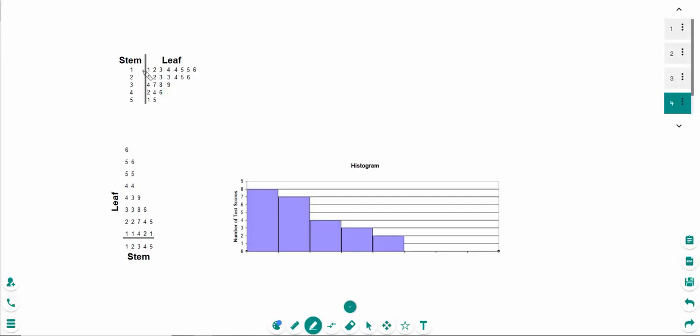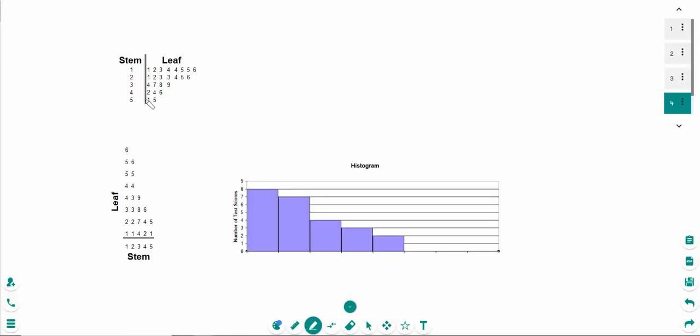All right. So most, I shouldn't say most people, but I should say the largest group sold candy bars that were somewhere in the teens. And then the least number of people sold 50 or more candy bars.